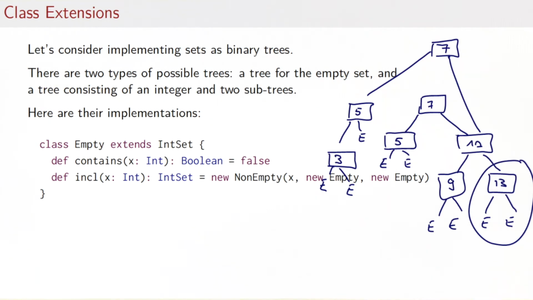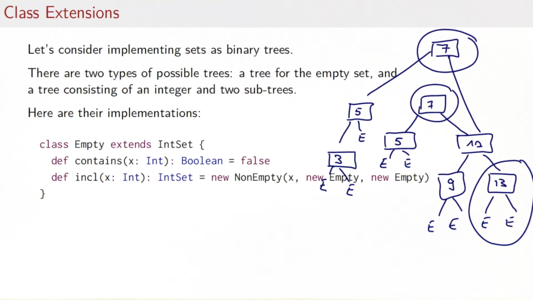So we see that now we really have two trees, the old one and the new one after the include. The two trees share the subtree here on the right-hand side, but they differ in the left tree, where on the new tree we have a 3 in the leftmost bottom corner, whereas for the old tree we just have 2 empty trees.